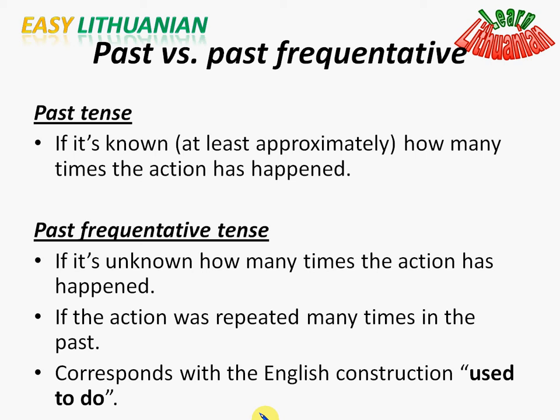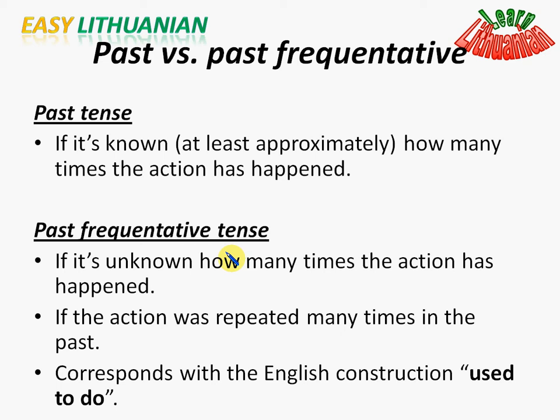That means that he repeated the actions many times in the past. There are rules in the grammar books that say if it's known at least approximately how many times the action has happened, there is no need to use the past frequentative tense. You should use the past simple.